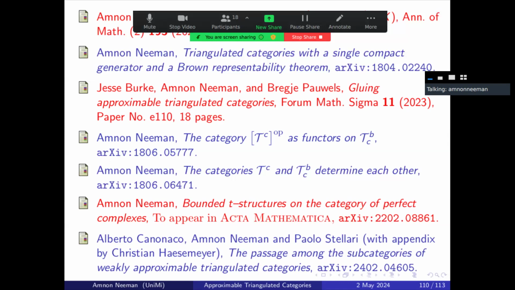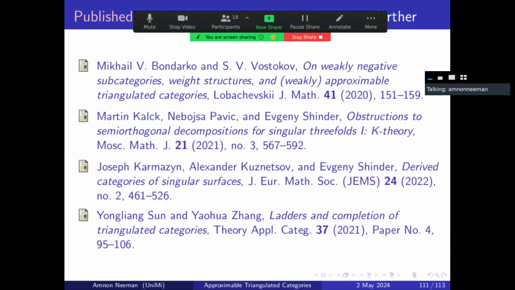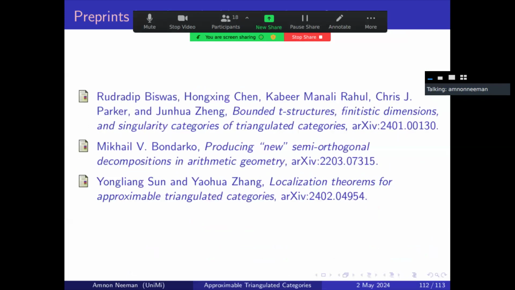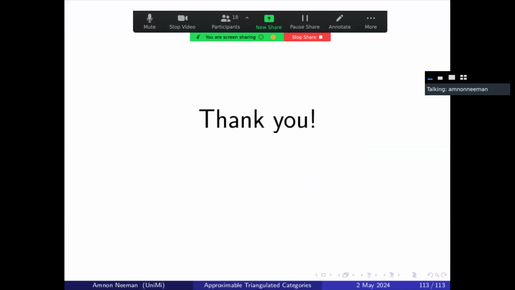And when the backlog of the journal allows, it will also appear. And as for the other papers, who knows, I might still die of old age before they all appear. Papers take a long time to appear. And when you have a sequence of papers that build on each other, this compounds the problem. But this doesn't stop other people from having written about it. So there are papers published by others, and there are more preprints by others. And thank you very much. I should stop now.